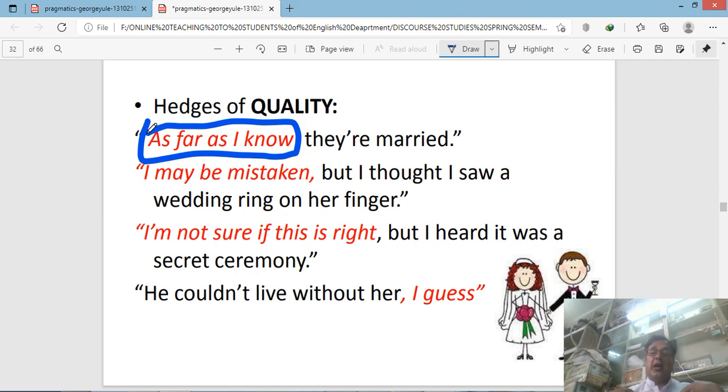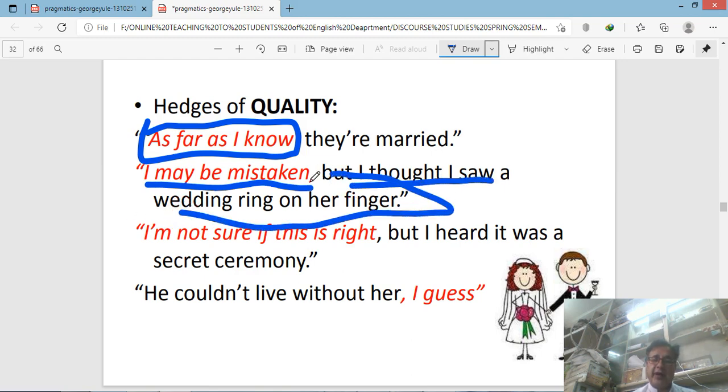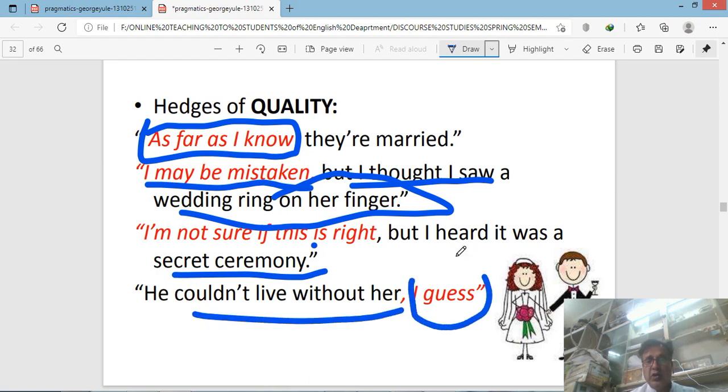It means you are aware of the fact: "I may be mistaken, but I thought I saw a wedding ring on her finger." All right. So again, you are adding something in order to make your statement more correct. "I'm not sure if this is right, but I heard it was a secret ceremony." "He couldn't live with her, I guess." These are all hedges which are used just to make your conversations more authentic and more accurate.